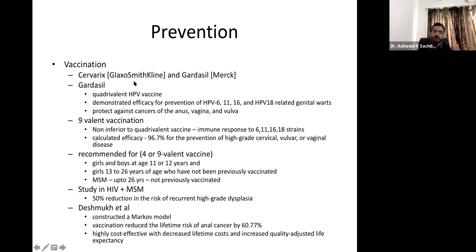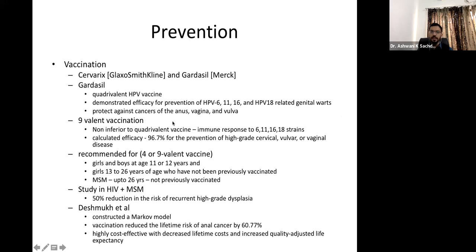So we have the bivalent vaccine, that is Cervarix, and the quadrivalent vaccine, that is Gardasil, and there is also a 9-valent vaccine available. Gardasil is quadrivalent against HPV infection. It demonstrated efficacy against HPV 6, 11, 16 and 18. 16 and 18 are the most common types in squamous cell carcinomas, and HPV 6 and 11 for the benign or pre-malignant lesions.